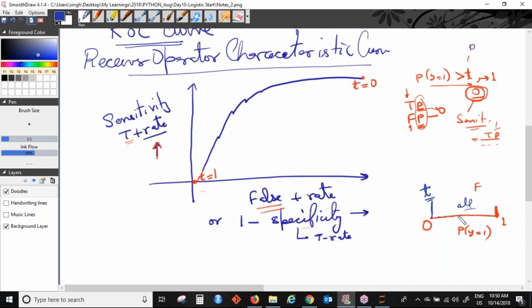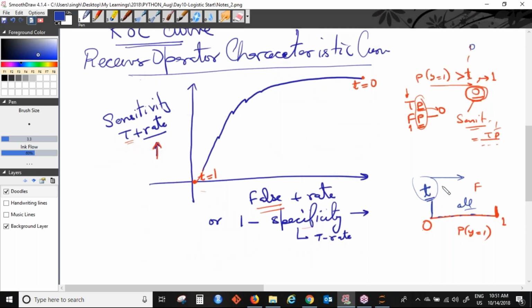Look at this. Your values fall in this range, and you have kept your threshold here. So whatever is above this is all 1, and everything is above this. All probabilities will be above 0, right? So that means you are predicting all ones. Okay, do you follow, Naresh? You will predict all ones when your threshold is 0.